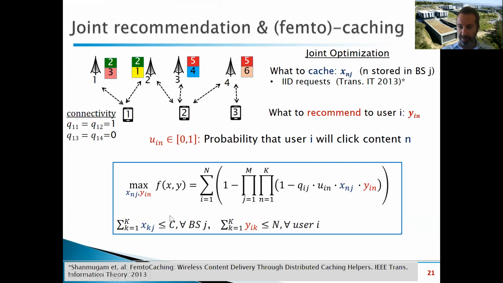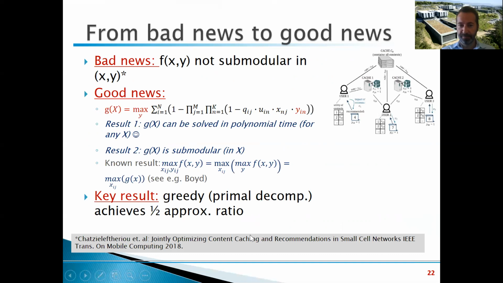So we have now this objective. We have our usual matroid constraints for the cache capacity and this constraint for the recommendations. And we can try to solve this. Well, there's some bad news and some good news.